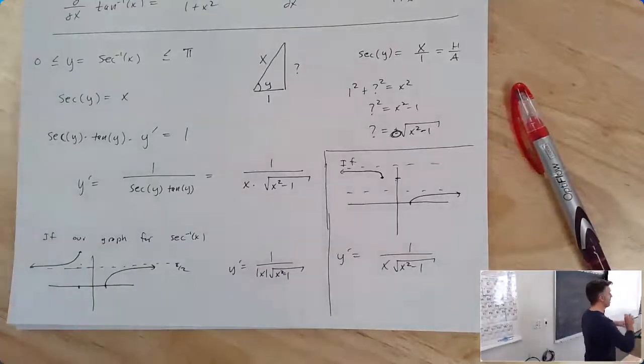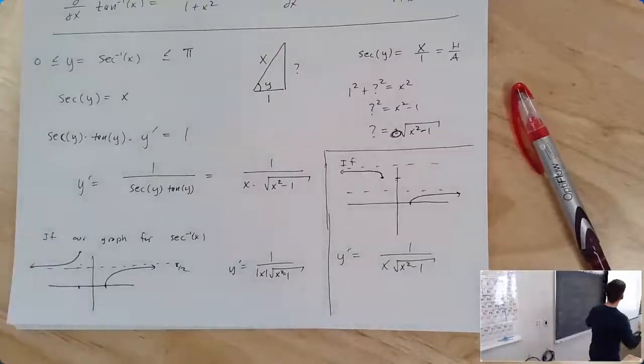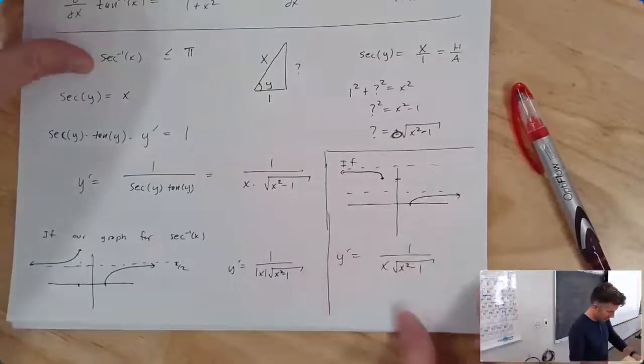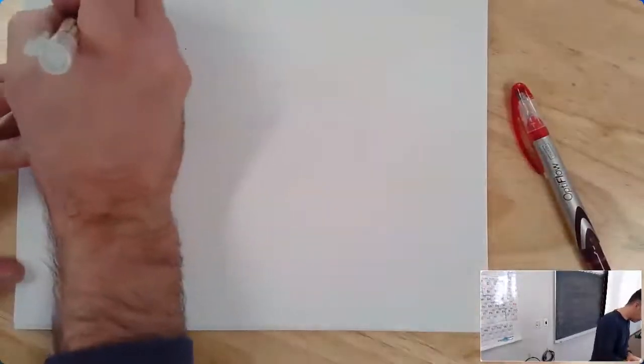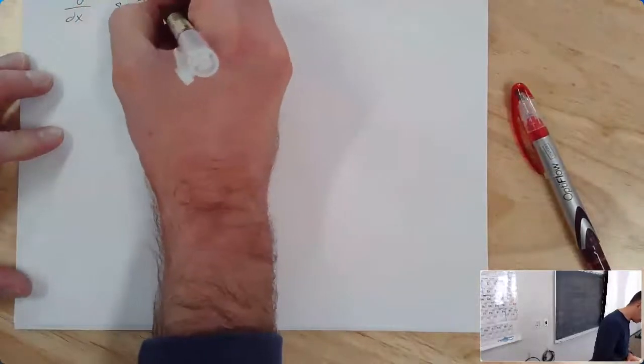So here's the answer to the other question. I forgot you. I know I said your name once and now I've forgotten it. Sorry. The answer to your question was that it depends on what your teacher has said. So for example, if someone asked us, what's the derivative of the inverse secant of x cubed?